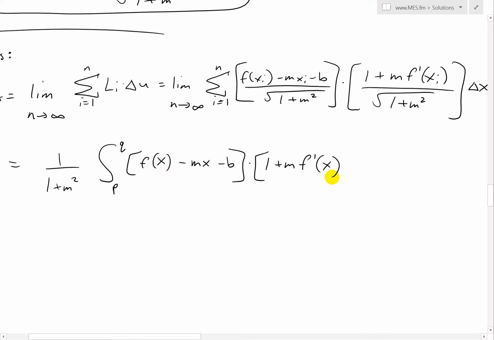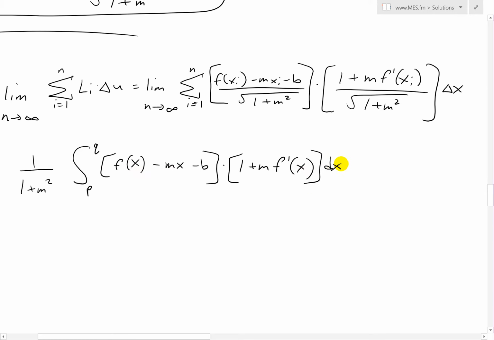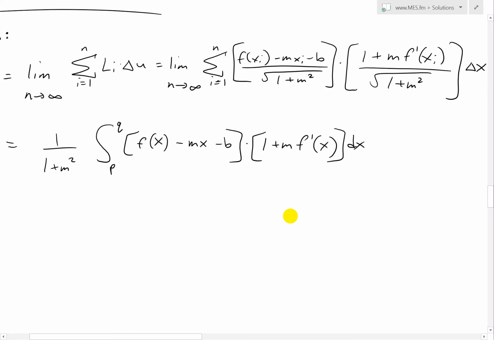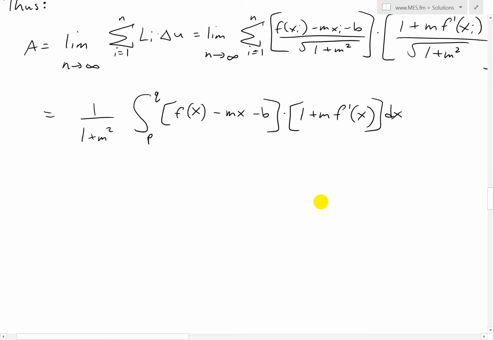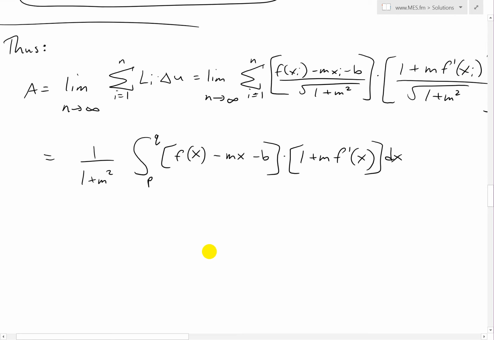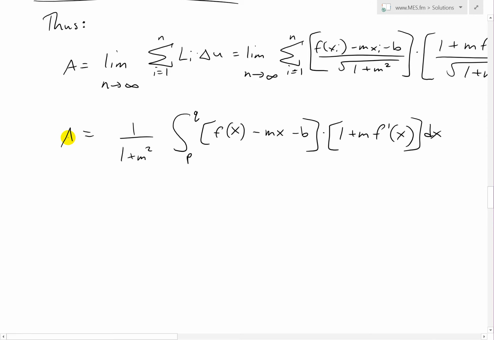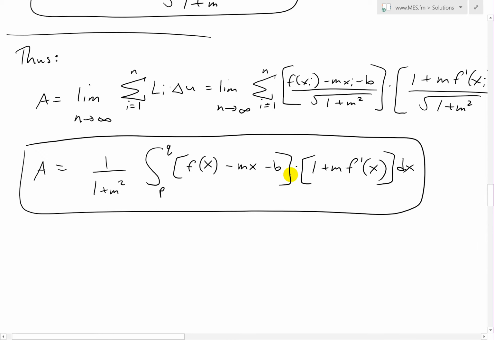So my mistake there. And then this delta x becomes dx for infinitely small, so the delta xi is infinitely small and this is any point x, as per the definition of an integral. So we have this, and let's circle it. This is the exact answer we were trying to derive: f of x minus mx minus b times 1 plus m times f prime of x dx.